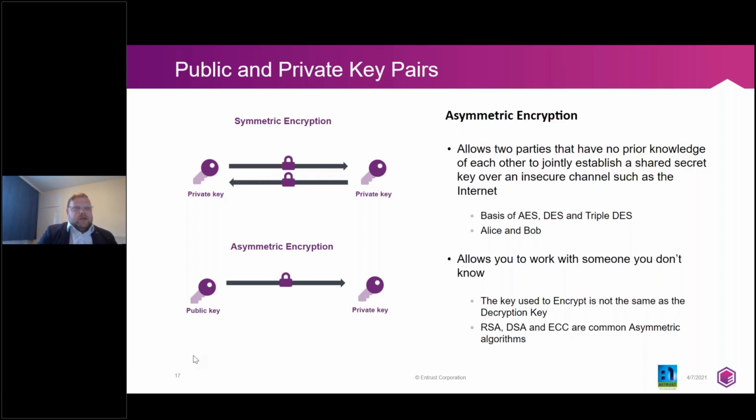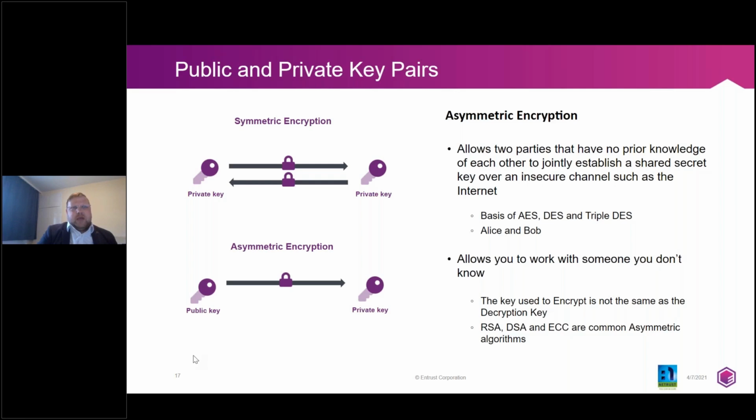There are a number of different asymmetric encryption algorithms. For example, RSA is the most common one, as well as DSA and ECC. Entrust, with our product offering, supports both the RSA and ECC encryption algorithms. By contrast, symmetric encryption, if you look at the diagram at the top, assumes the two parties already know and trust each other.